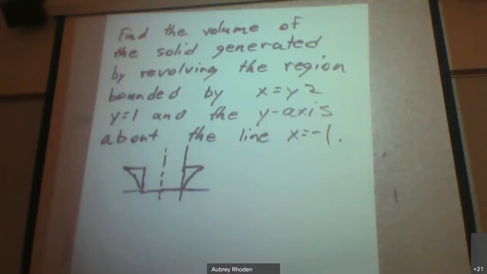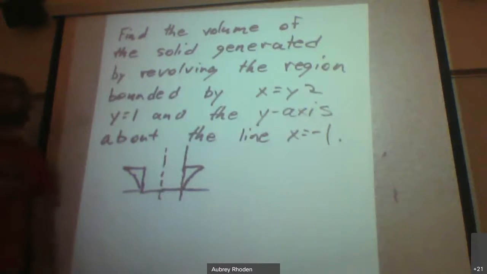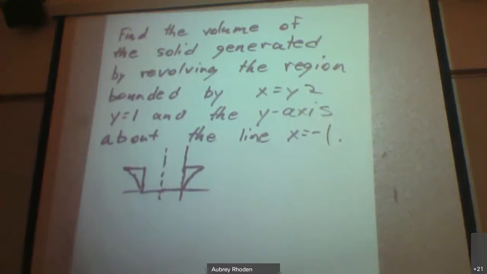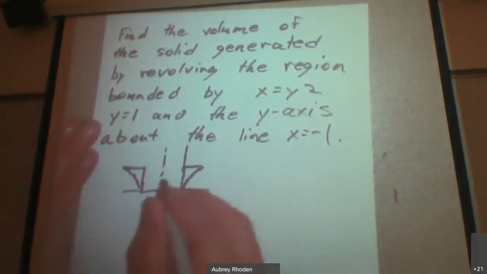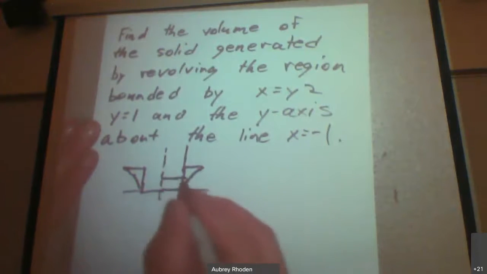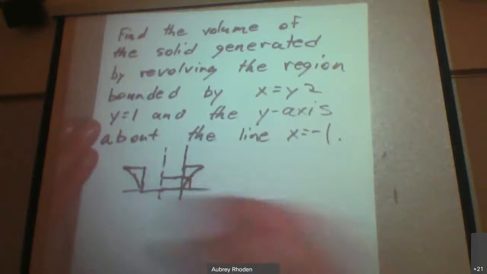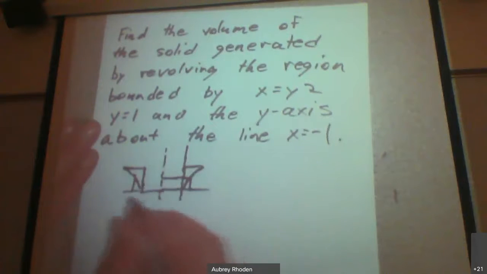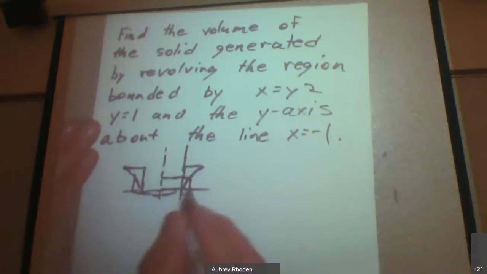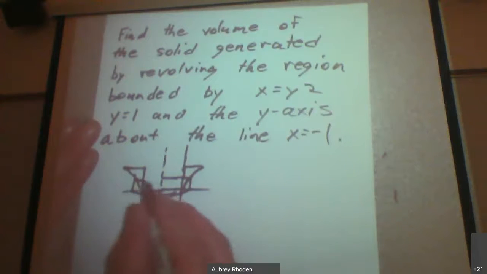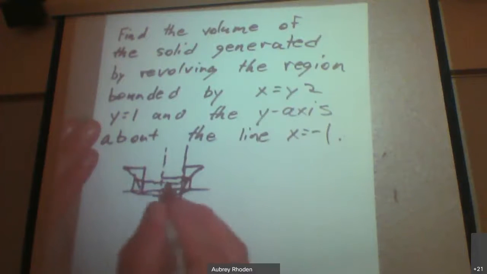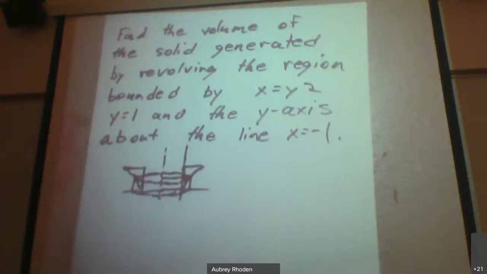Now, once again, when making a comparison between the disk and the shell method, remember, with the shell method, you're looking at where the walls are. And so if I was going to consider a shell method for this problem, okay?